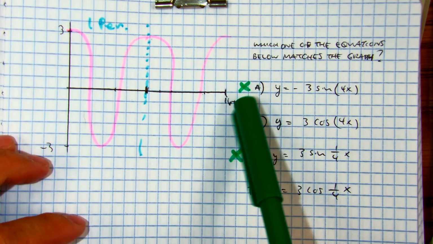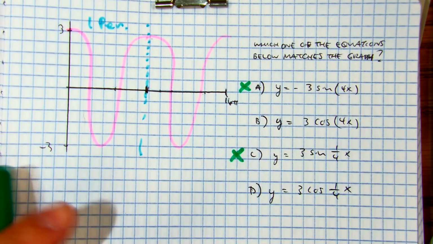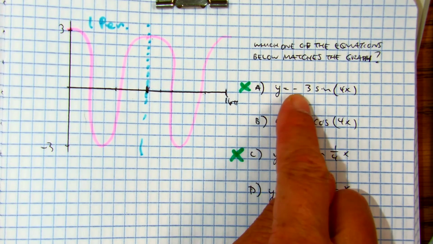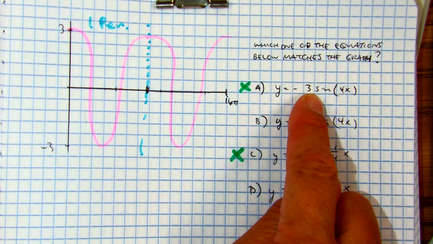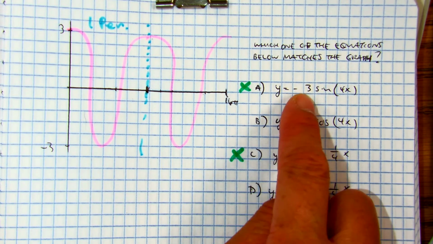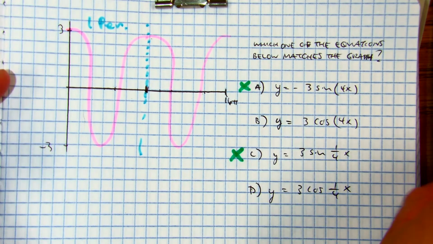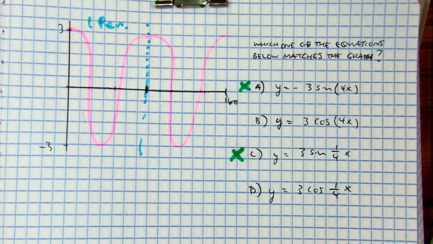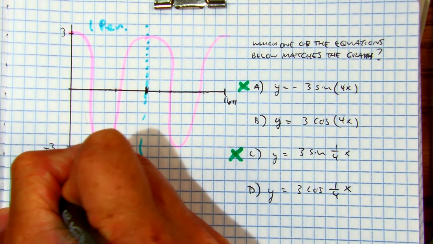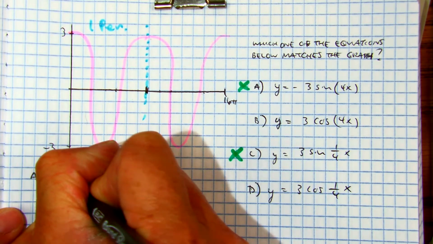Another way I can eliminate A is because A is the only one that has a negative what? A value. Now, although the amplitude, let's write down the formula for amplitude. Partner B, tell partner A the formula for amplitude. Manny?